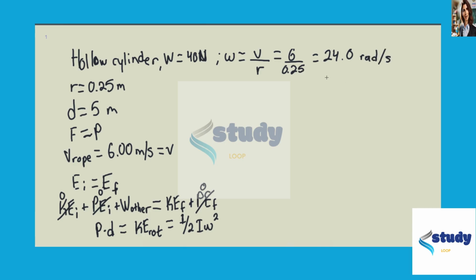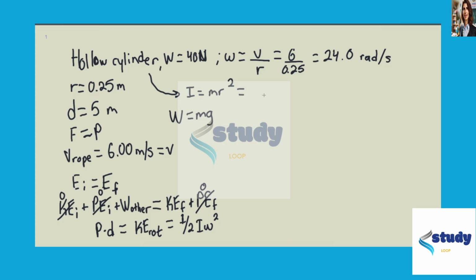At this point, we can say that the moment of inertia for a cylinder is going to be I equals mr squared. This is for a cylinder, again. And our mass, we know that weight is going to be equal to mg, which means that our mass is simply going to be weight divided by g.